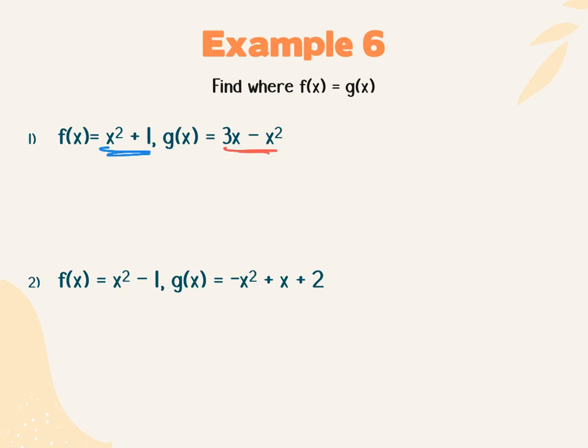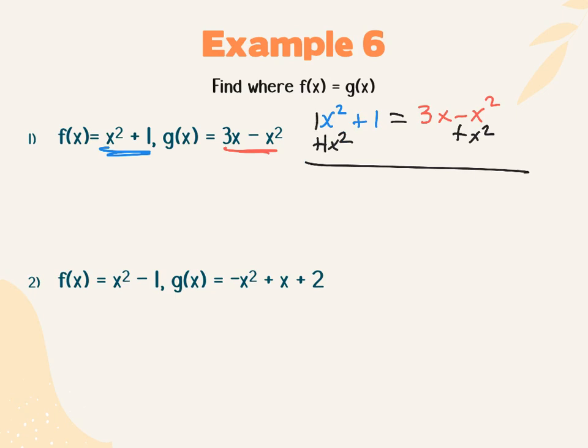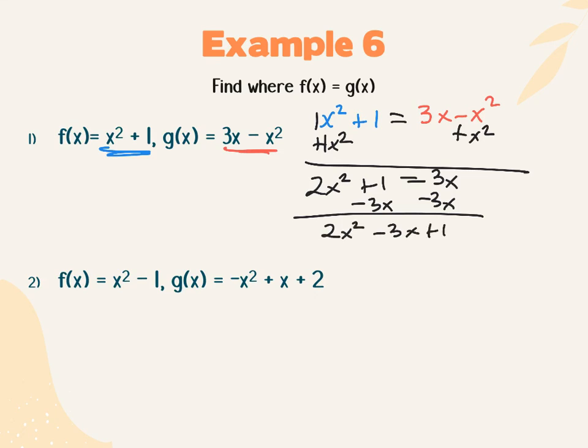So I'm going to do x squared plus 1, set that equal to 3x minus x squared. I'm going to move my x squareds together. I get 1x squared plus 1x squared is 2x squared. Then I'm going to move the 3x over because I'm going to turn it into a trinomial that I can factor.